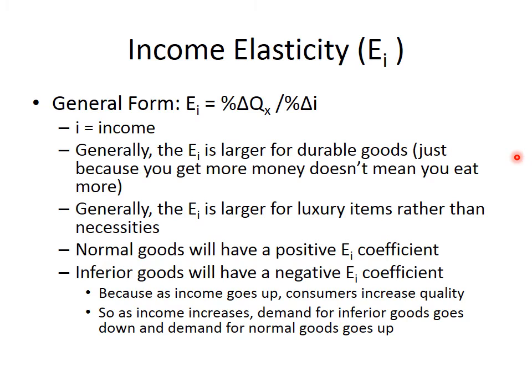How much is it going to shift that demand curve? Here we use I to symbolize income, and E symbolizes elasticity. So this is what we're talking about with income elasticity: the percentage change in the commodity, based on the percentage change in income. Now, there are a few general statements that we can make.